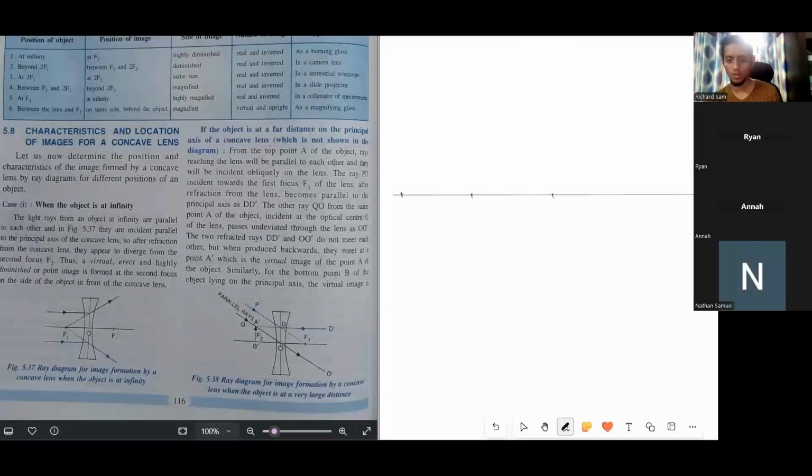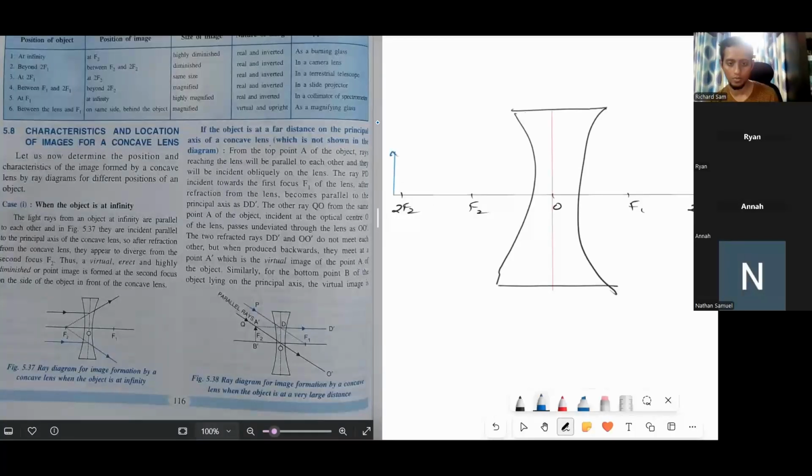So now we'll draw the one where the object is anywhere in front of the lens. Okay, I'll just show you once how to draw. You see the steps and then you draw by yourself. Are you all still drawing the previous one? Done? Clear? Done?